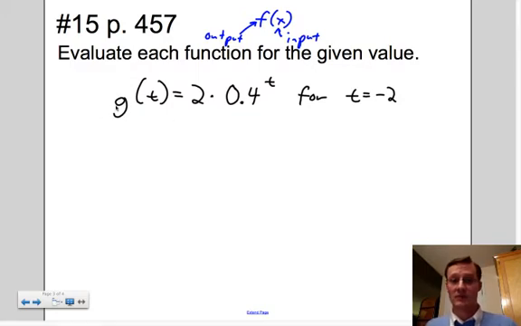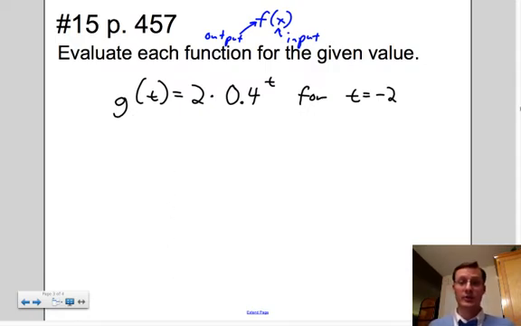G could be golf balls, t could mean trips to the green. It just depends on what you're looking at in the given situation. Just remember that the one in parentheses is what's being put in, and the one outside the parentheses is what's coming out. So you can think of it as your traditional x and y values.